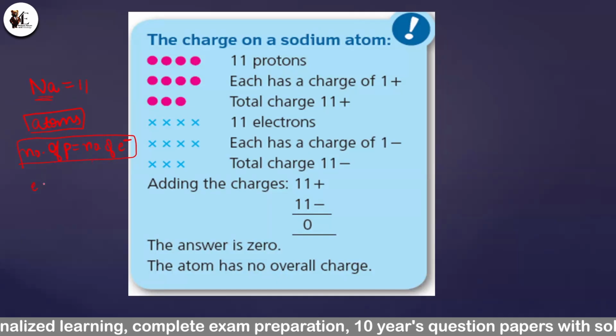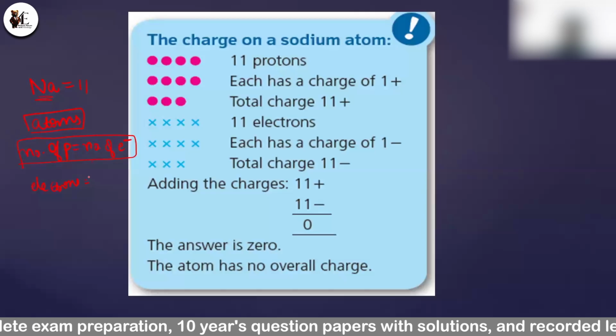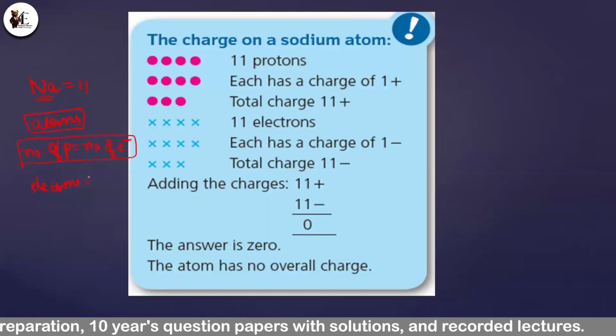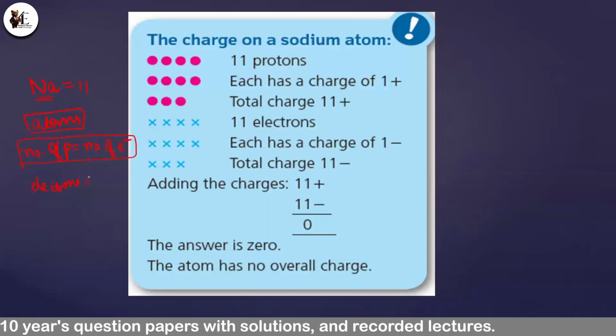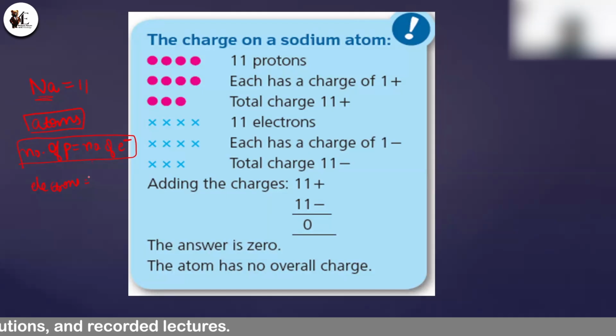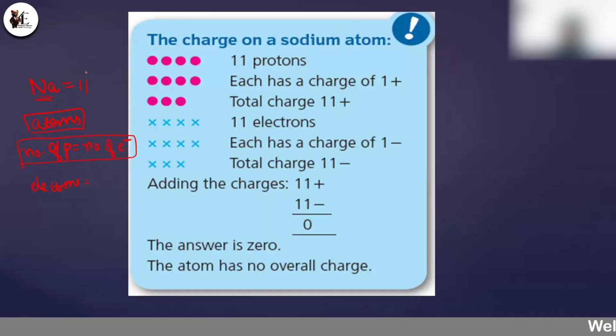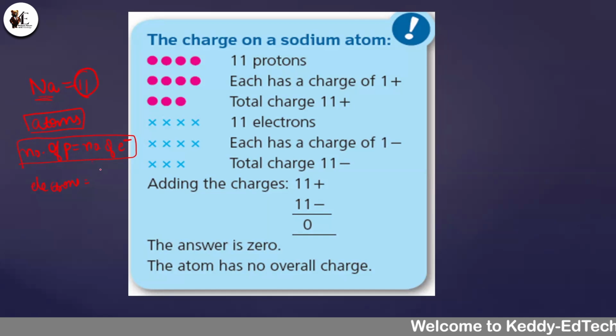So tell me the number of electrons in sodium atom. If the number of protons is 11, the number of electrons should be 11. Yes, very good.